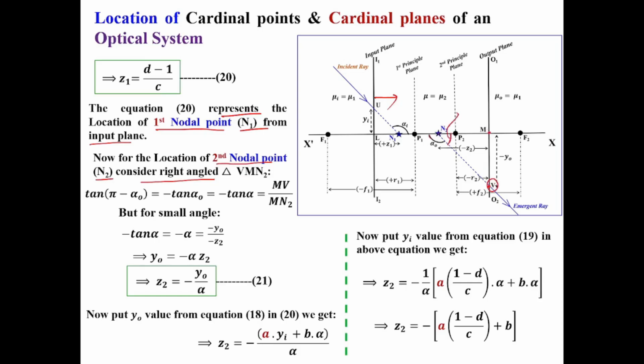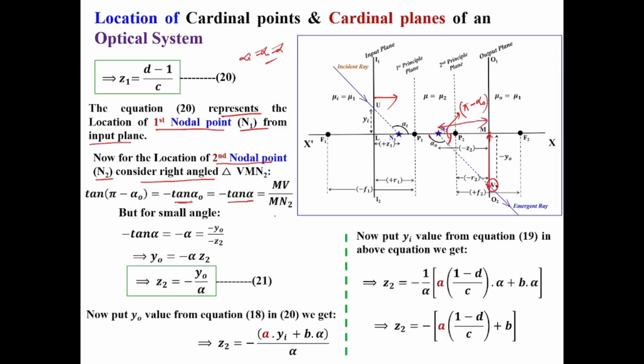This angle is nothing but pi minus alpha O. So for this triangle, tan of pi minus alpha O equals minus tan alpha O, equals minus tan alpha, because alpha I equals alpha O equals alpha. So instead of alpha O, here it is written as alpha. Minus tan alpha equals this height by this length, the base.